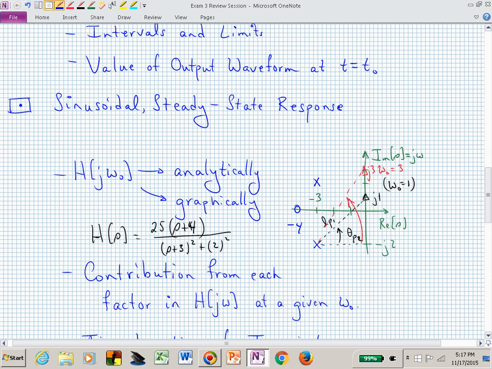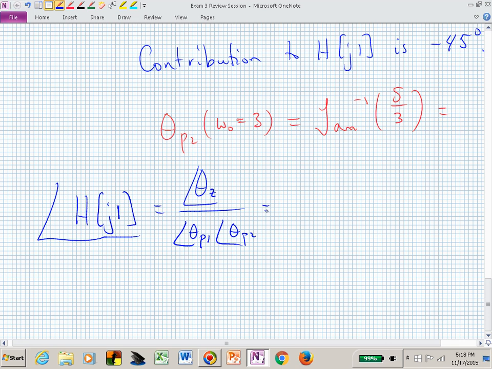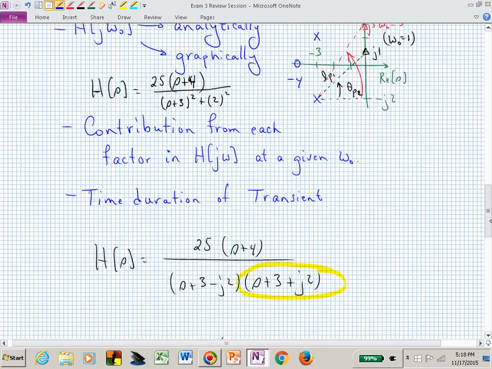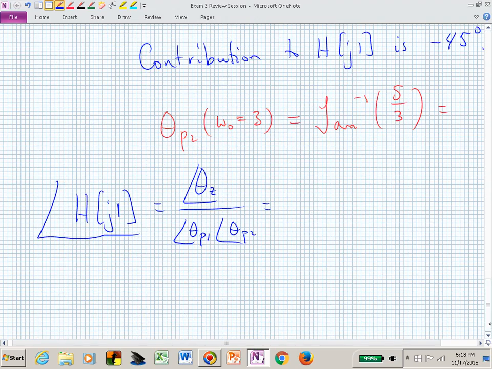So if I said, what's the angle of h of j1, that's now the theta sub z minus theta p1 and theta p sub 2. What's the angle of theta sub z at omega naught equal to 1? How much am I going up vertically? 1 if I'm doing it at omega naught equal to 1. So this is now at j1.